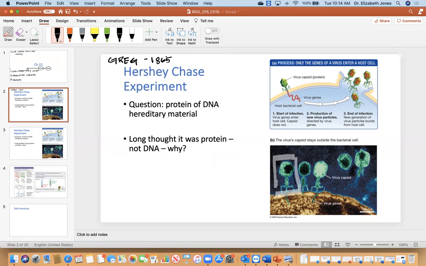And if you remember from our previous lectures, Greg did not know much about genes at the molecular level. Everything that he deduced was based on observations of physical traits.